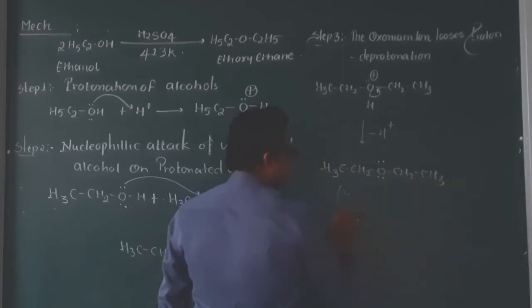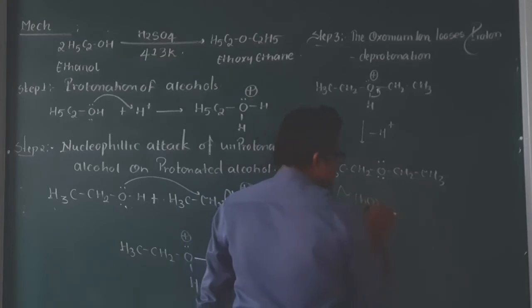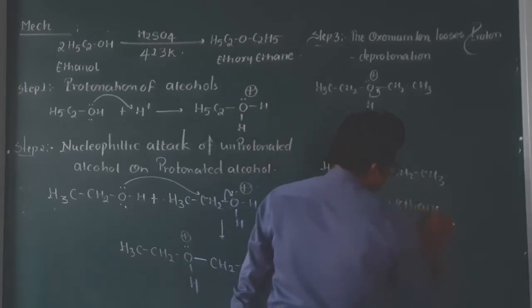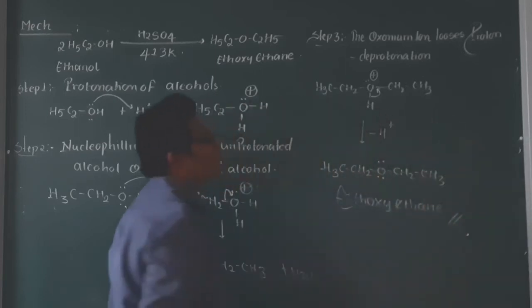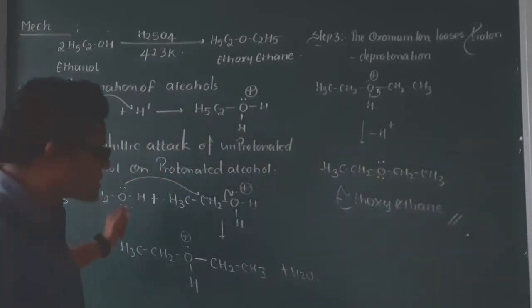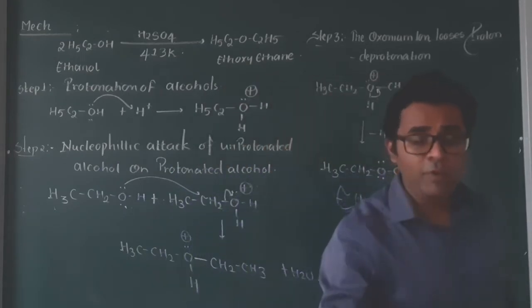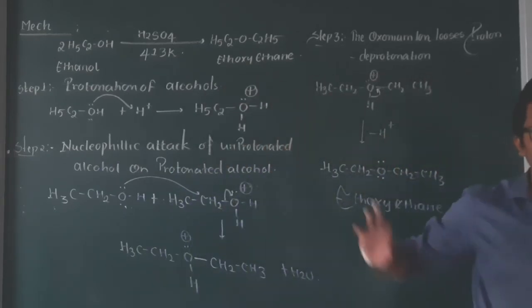Thus, what we have is ethoxyethane. Right? So, this is the mechanism you can expect for the deprotonation of an alcohol to give rise to ethers.